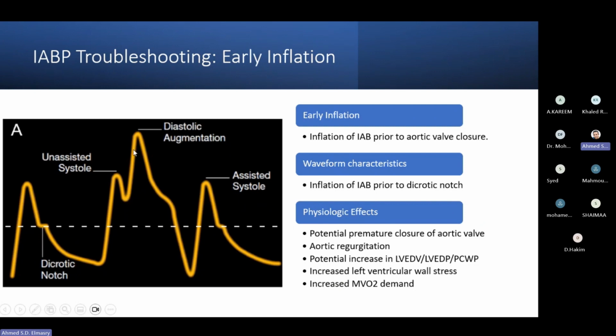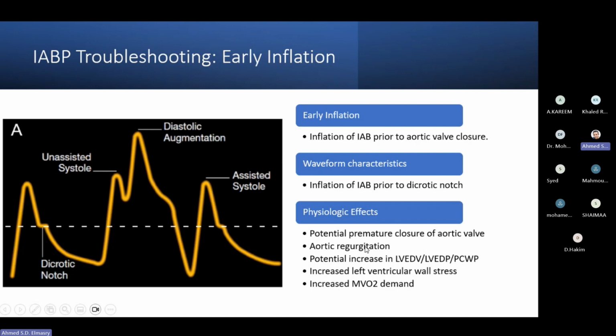It will start the inflation of the balloon and will start the diastolic augmentation while the aortic valve is still open. So what will happen here is that you will have aortic regurgitation. The blood inside the aorta will be displaced inside the left ventricle because the aortic valve at this stage is still open.